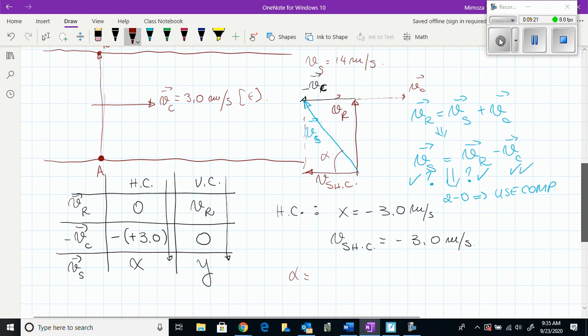So the angle alpha will be the inverse cosine of 3 over the velocity of the swimmer, that is 14, because we know the magnitude.